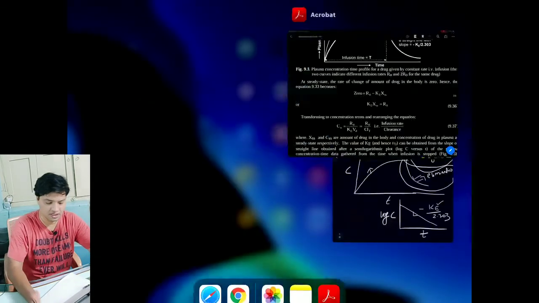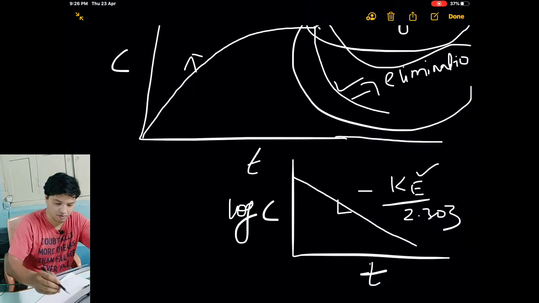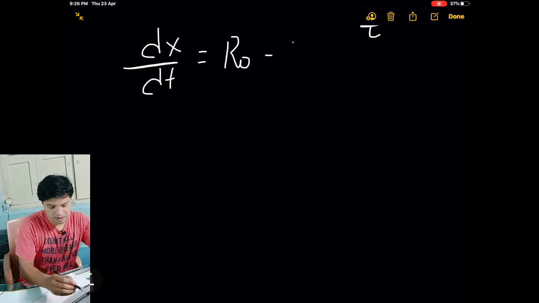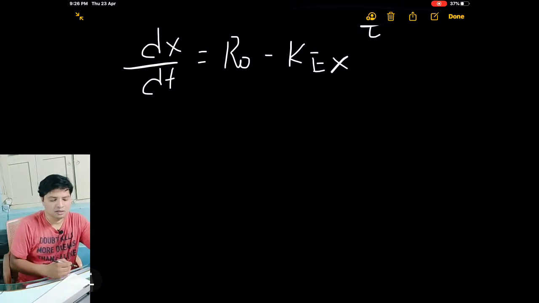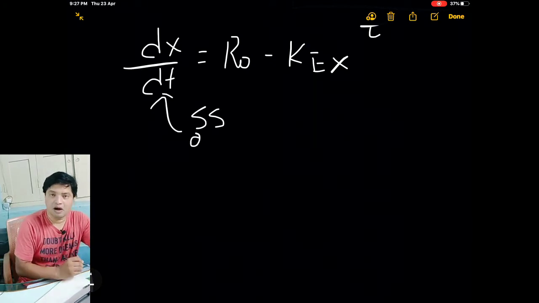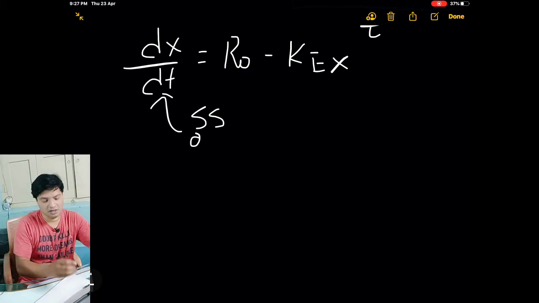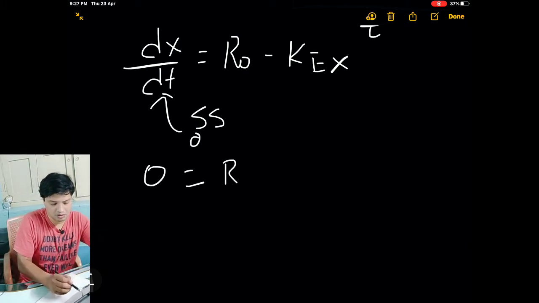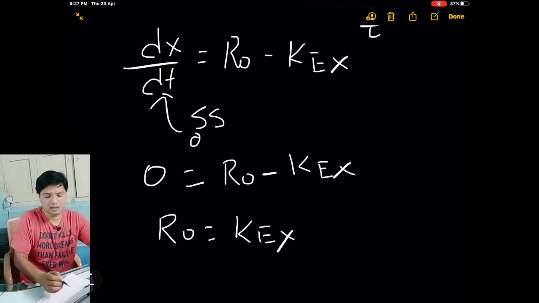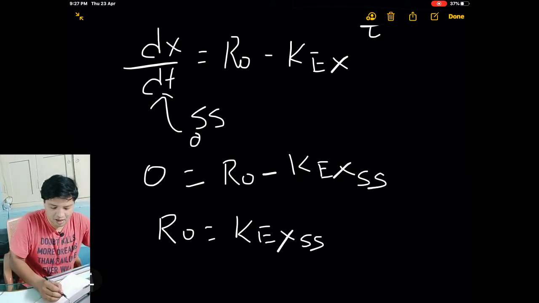So take that first equation: the rate of change of amount is equal to incoming minus outgoing. At steady state this will be 0. Hence 0 is equal to R naught minus Ke x. I can write it like this: R naught is equal to Ke x. Now here x is the amount at steady state.